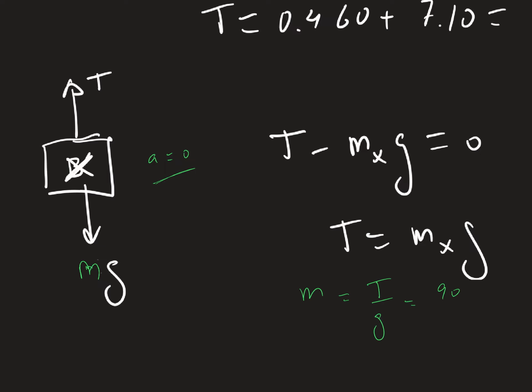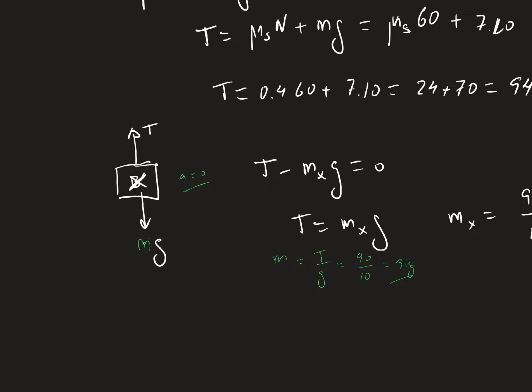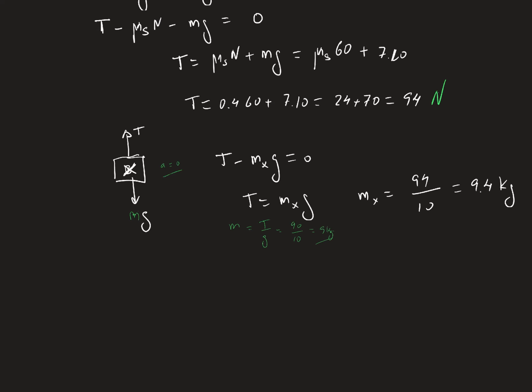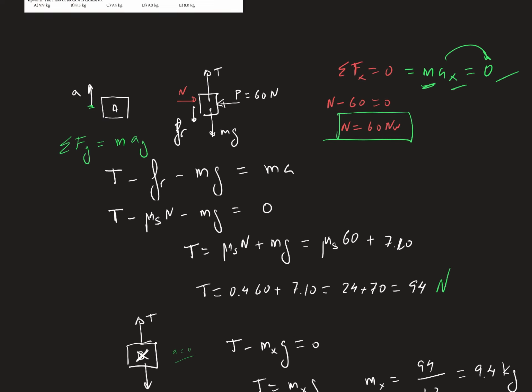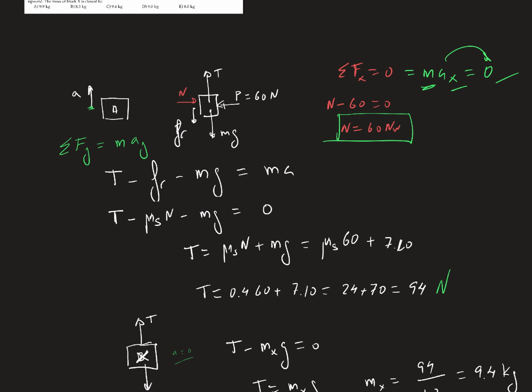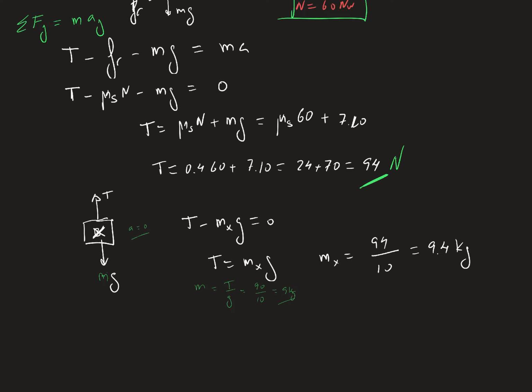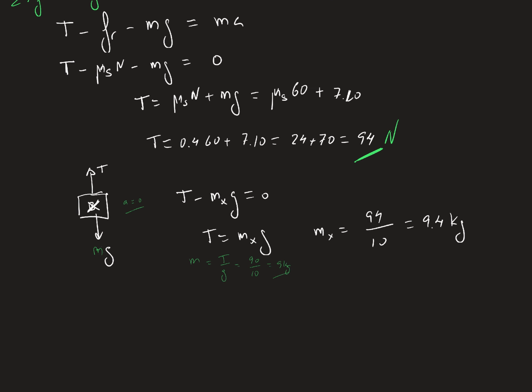So it will be 90 divided by 10, so the mass will be 9 kilograms. So the mass will be 9.4 kilograms. So it's 94 the tension, or 90, I don't remember. The 94 newtons. Sorry, here it is 94, so the result is 9.4 kilograms.